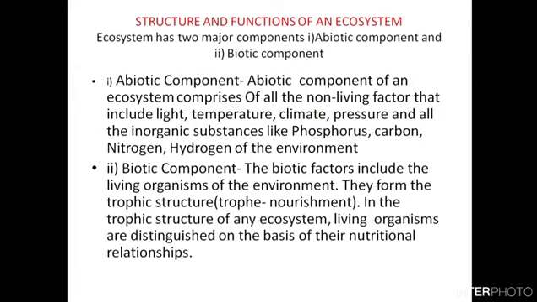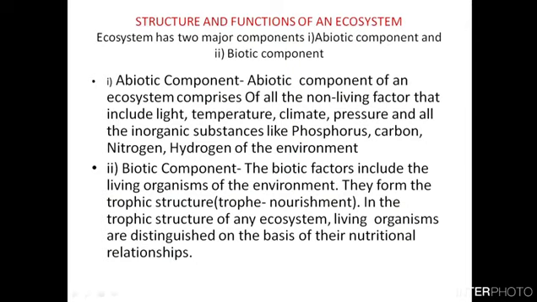Now let's take the structure and functions of an ecosystem. An ecosystem has two major components, the abiotic component and the biotic component. First we should talk about what the biotic component is. The word bio means living.